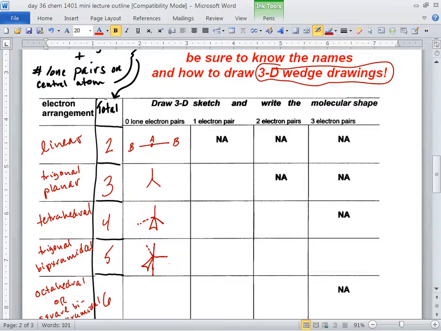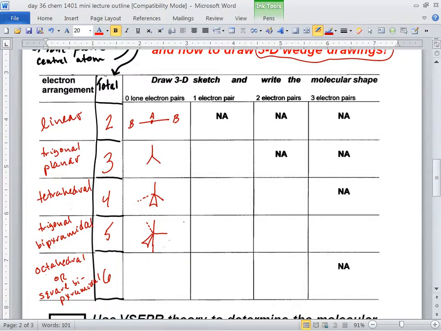And then octahedral, again, remember it's square bipyramidal. So you have a top and a bottom again, except you want a square. So we're trying to draw this shape now. And what they want is it drawn like this. They want 2 pointing straight out at you, and then 2 going straight back.